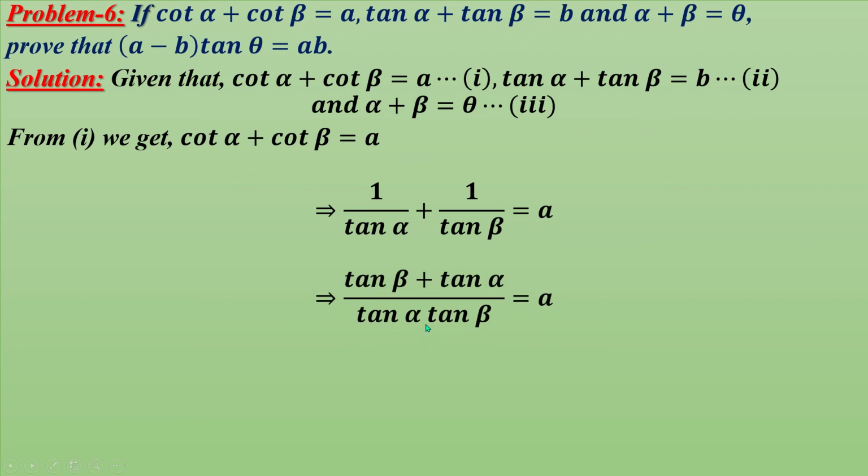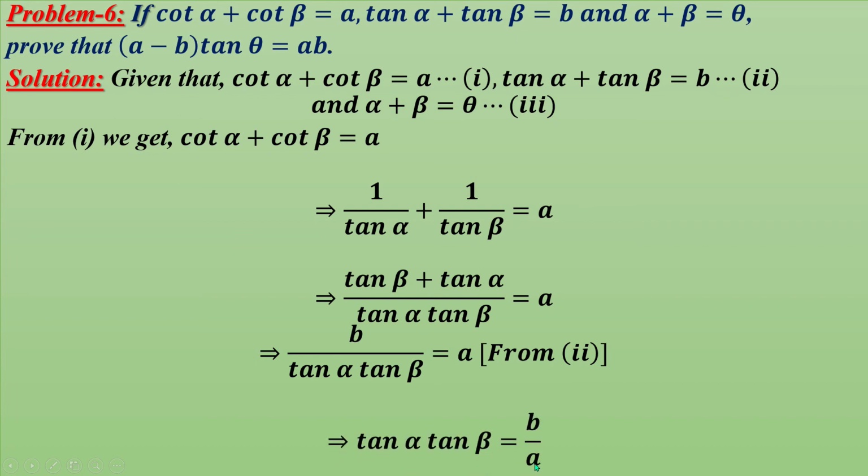The LCM will be tan alpha tan beta, and here will be tan beta plus tan alpha, but tan alpha plus tan beta equals b. Therefore from 2, tan alpha tan beta equals b by a.